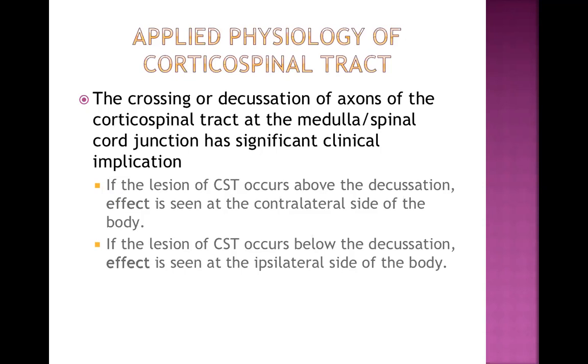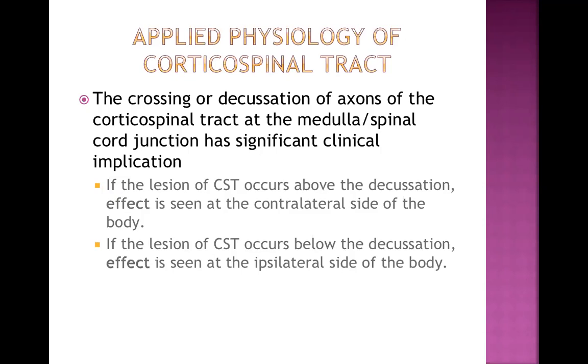If the lesion of the corticospinal tract occurs above the decussation, or above the crossing over area, then the effect is seen on the contralateral side of the body. Contralateral means the opposite side of the body. For example, if the corticospinal tract above the decussation is damaged on the right side, then the body will be paralyzed on the left side.